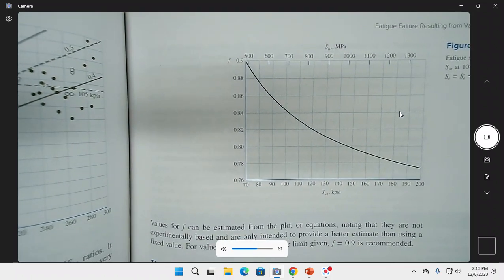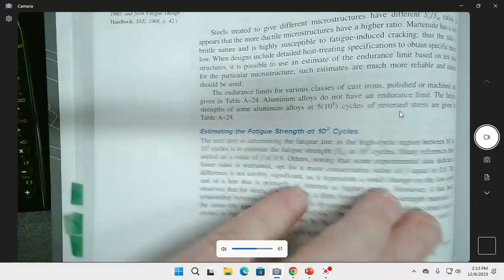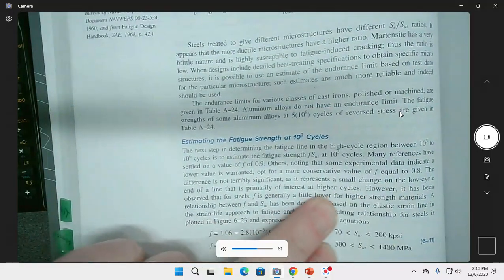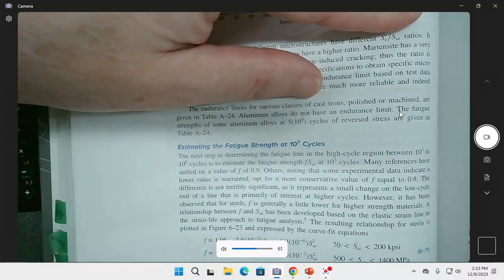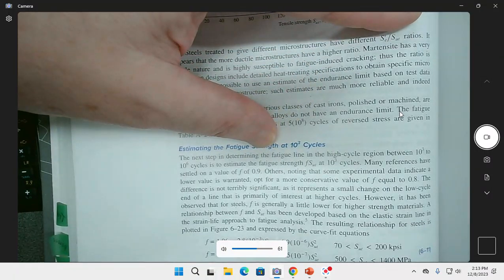When we look for a little note, it's got a little note here. Where is this? Okay, there it is right there.